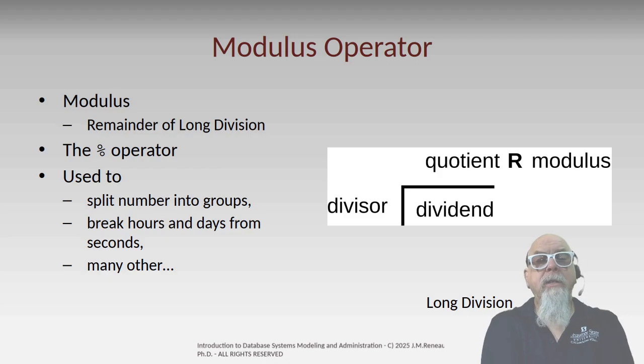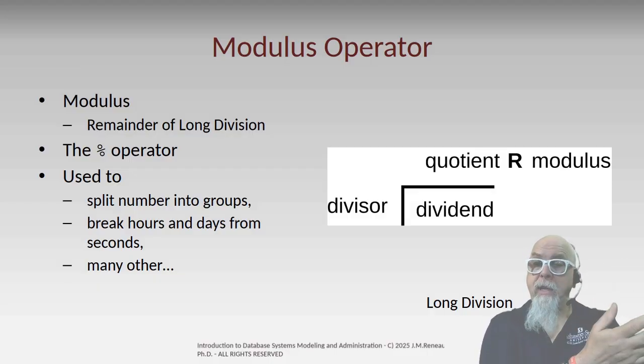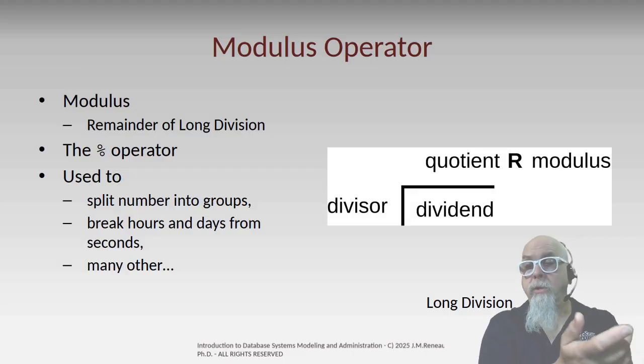We use this to split numbers into groups. For instance, if we wanted to divide a bunch of customers into 8 groups, we could do a modulus 8 of their randomly assigned customer number, and approximately an eighth of them would have a remainder of 0, 1, 2, 3, 4, 5, 6, 7.